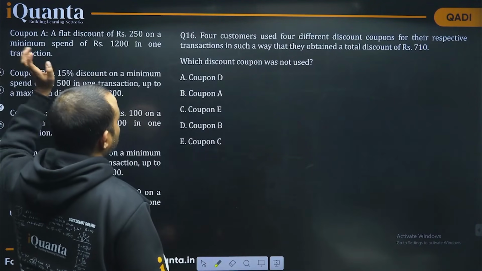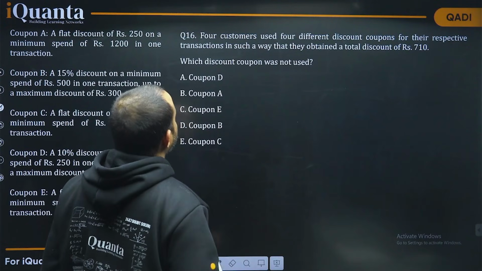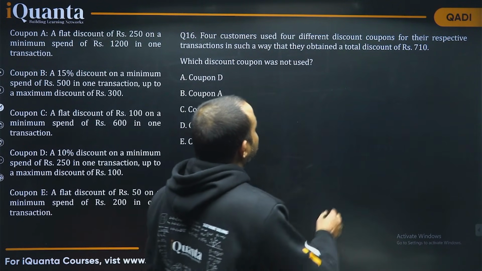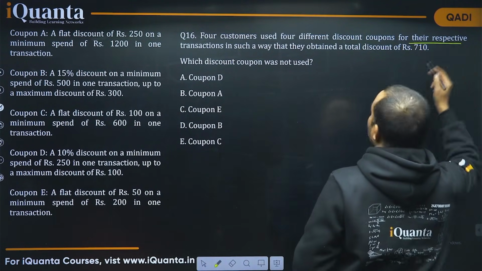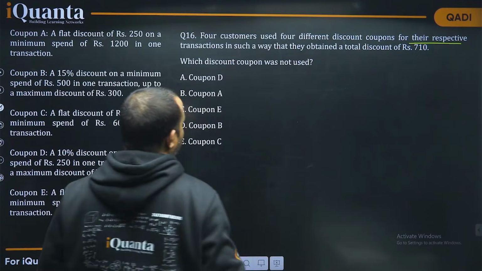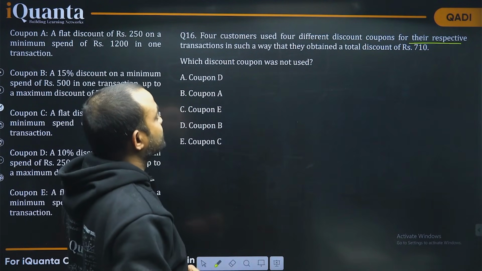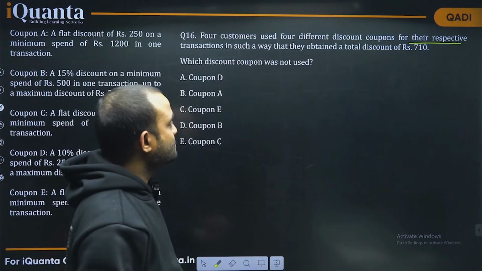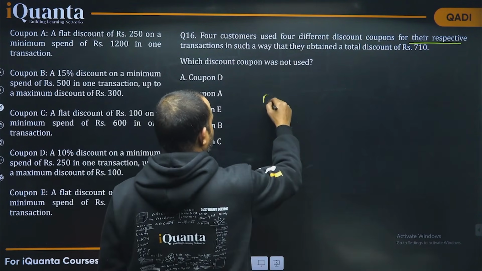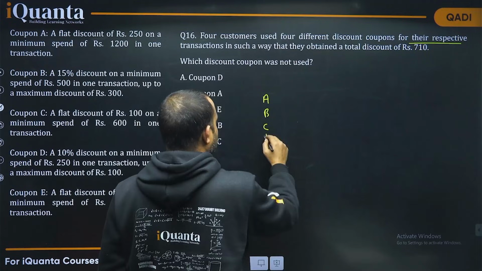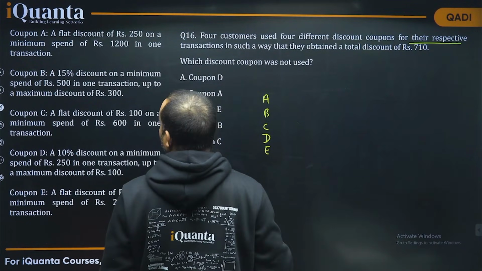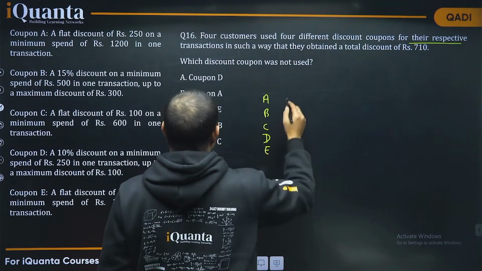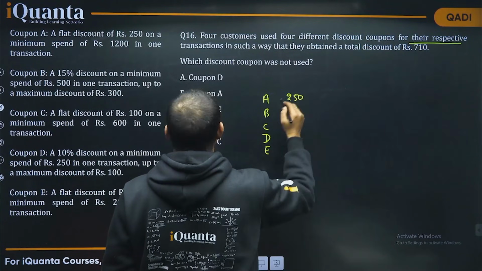Let's check this out. First one, it says 4 customers use 4 different discount coupons for their respective transactions in such a way that they obtained a total discount of 710. Which discount coupon was not used? So first of all, we need to check what discounts are available. In case of A, the discount of 250 is fixed, right?